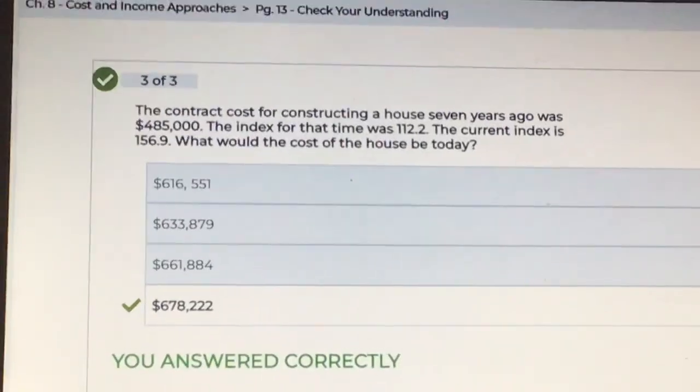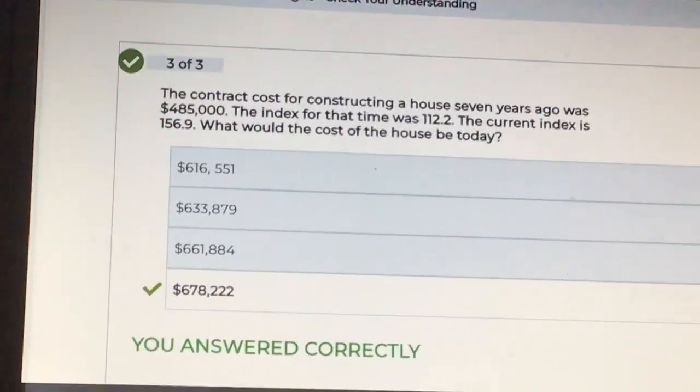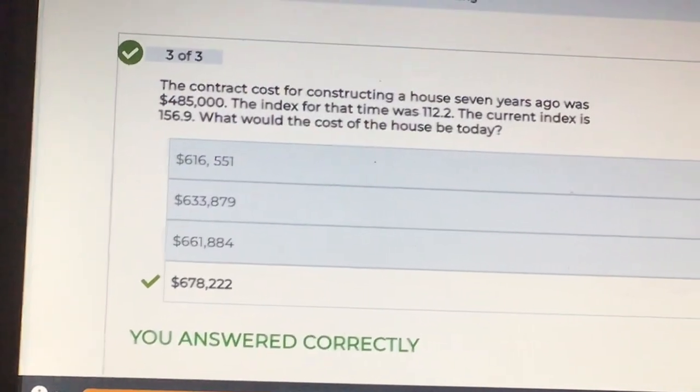And the way I did the math for the index method to get that answer went like this.